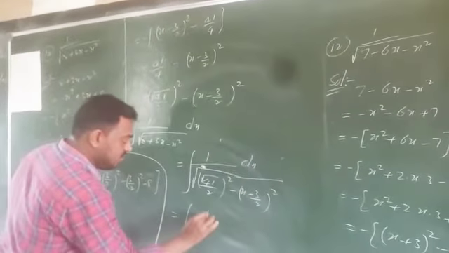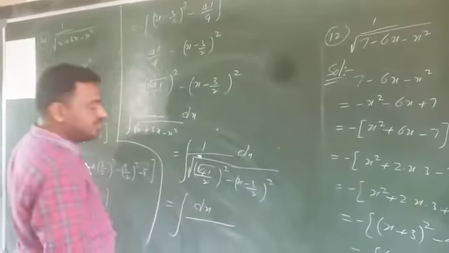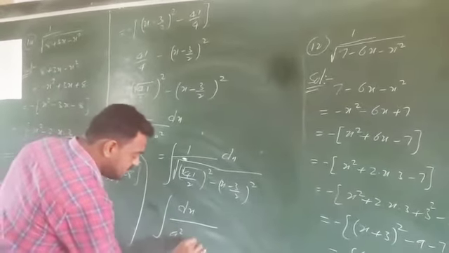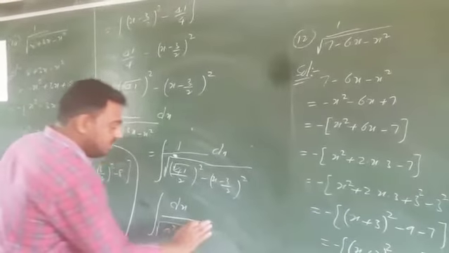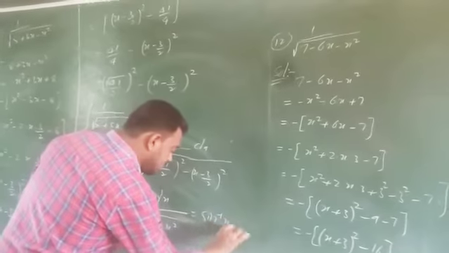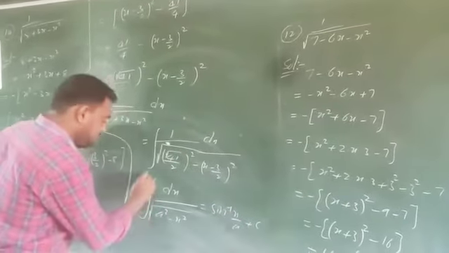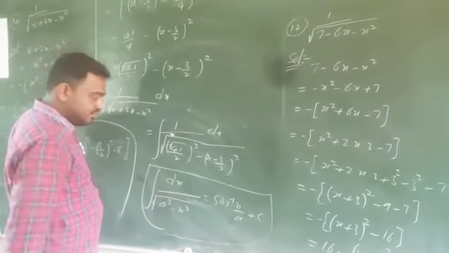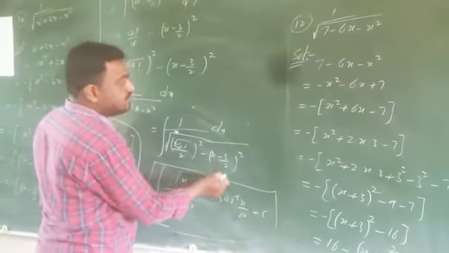It is in the form of integration of dx by square root of a square minus x square. The formula is sin inverse of x by a plus c. Here in place of a, root 41 by 2; in place of x, x minus 3 by 2.